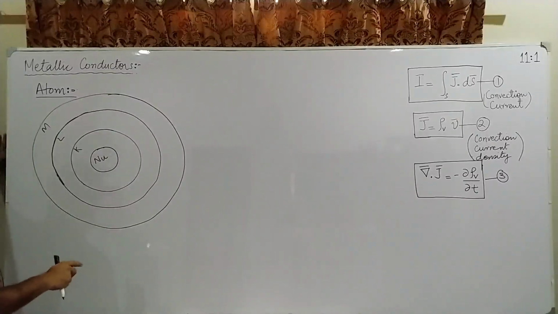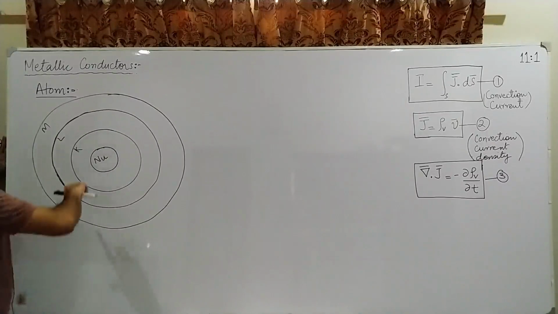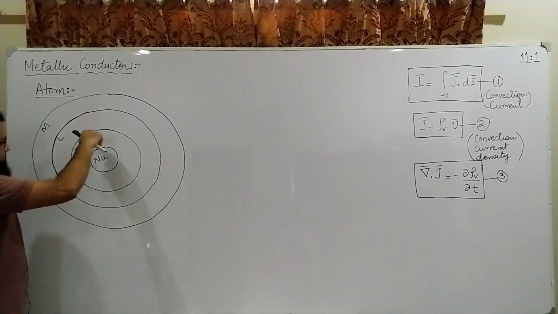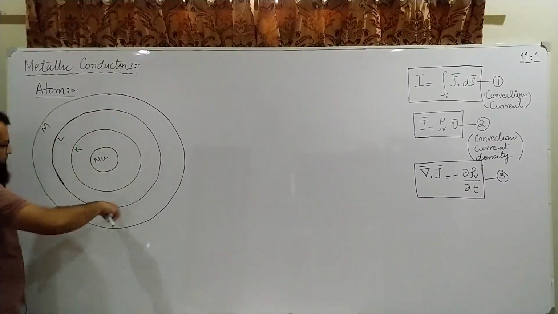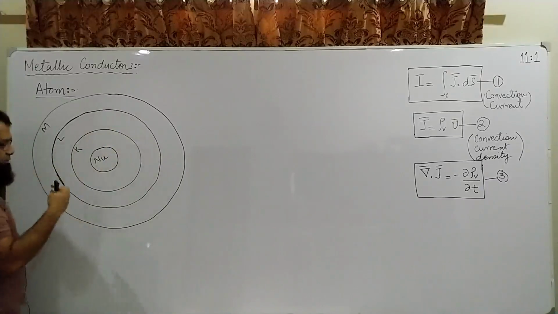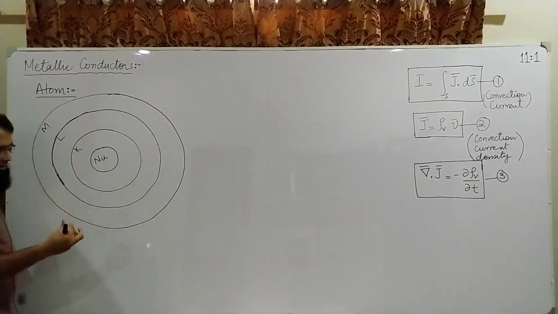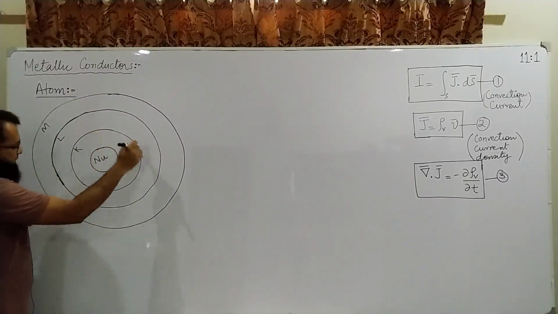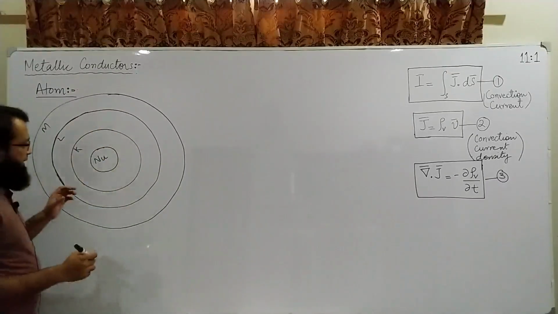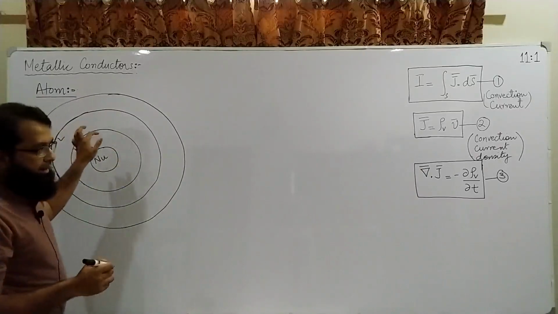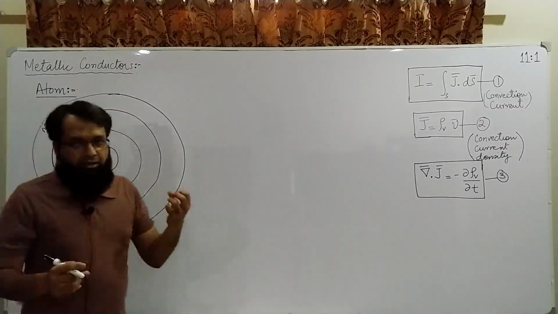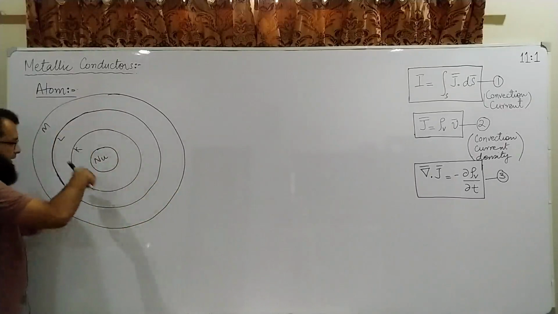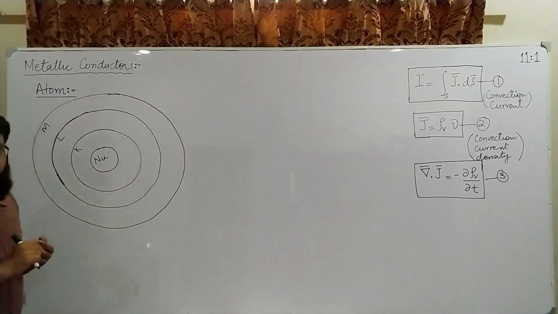What we are interested in is the fact that with each band, or with each orbit, there is certain energy associated, and that energy associated with each orbit is actually the energy of the electron which is orbiting in that electron cloud.